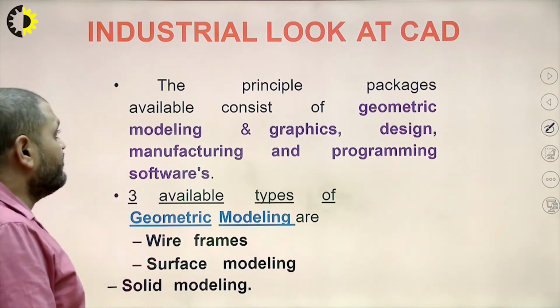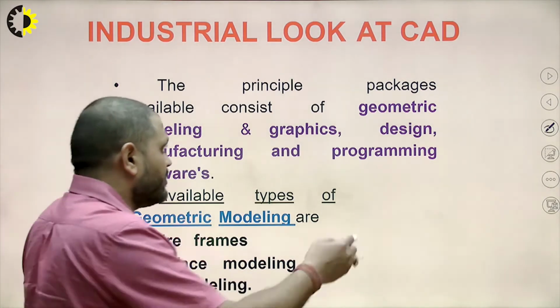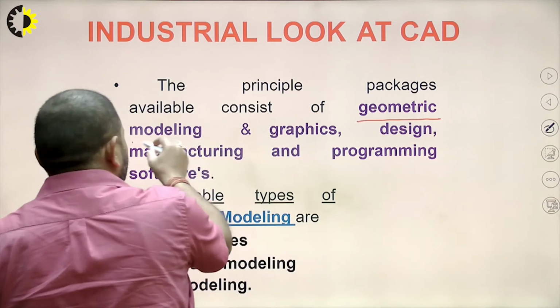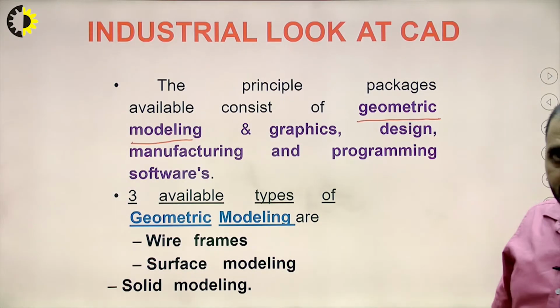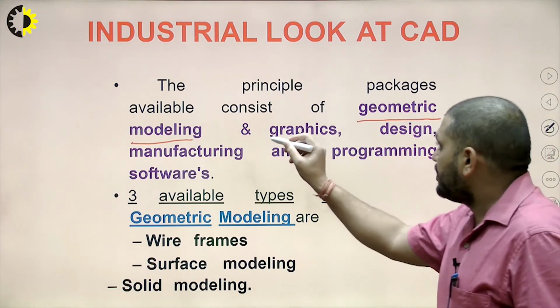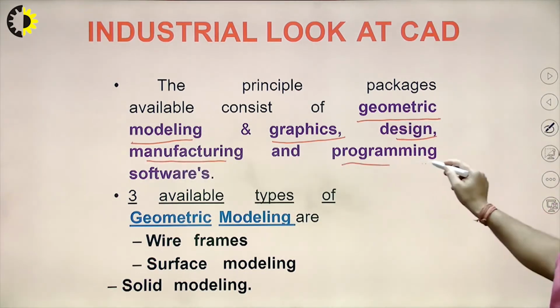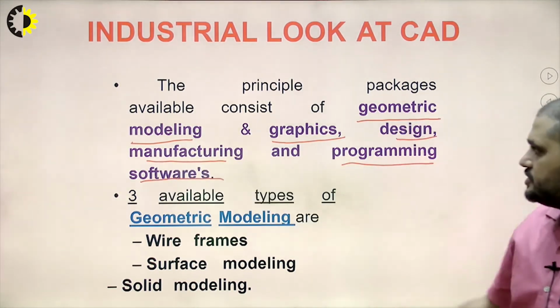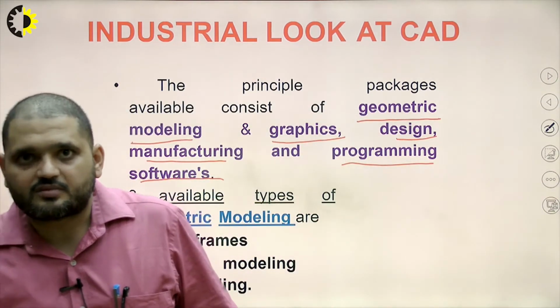Now the principal packages. The principal packages available in CAD consist of geometric modeling, graphics, design, manufacturing and programming, and software. The first one we will discuss is geometric modeling.